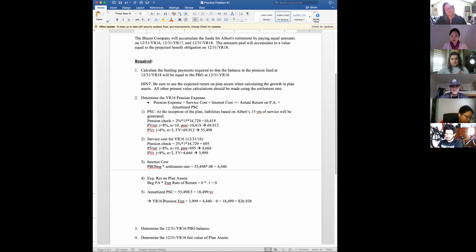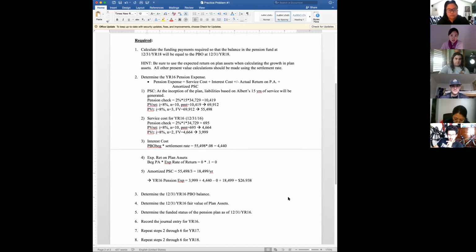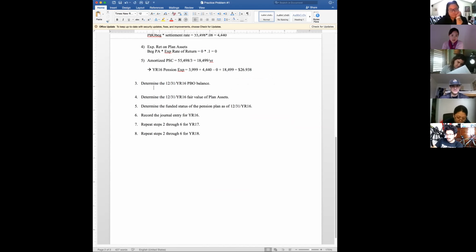Questions on pension expense? All right. Let's calculate the PBO balance. Number 3, determine the December 31, year 16 PBO balance.